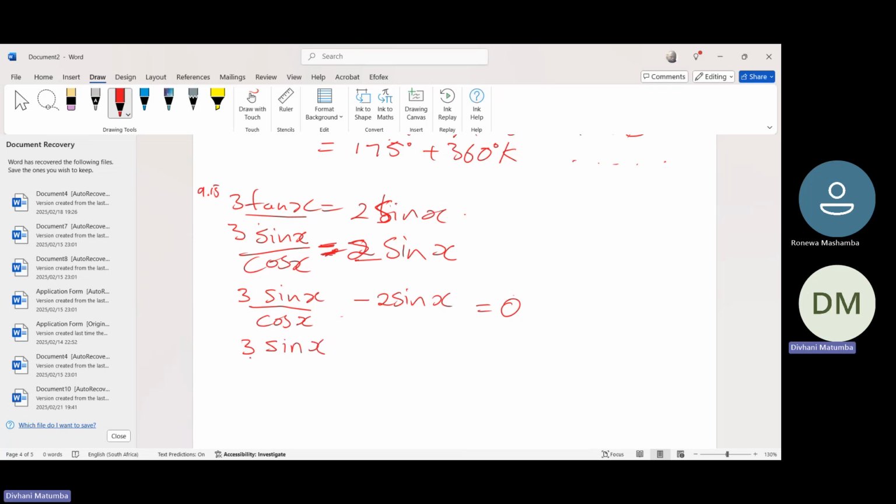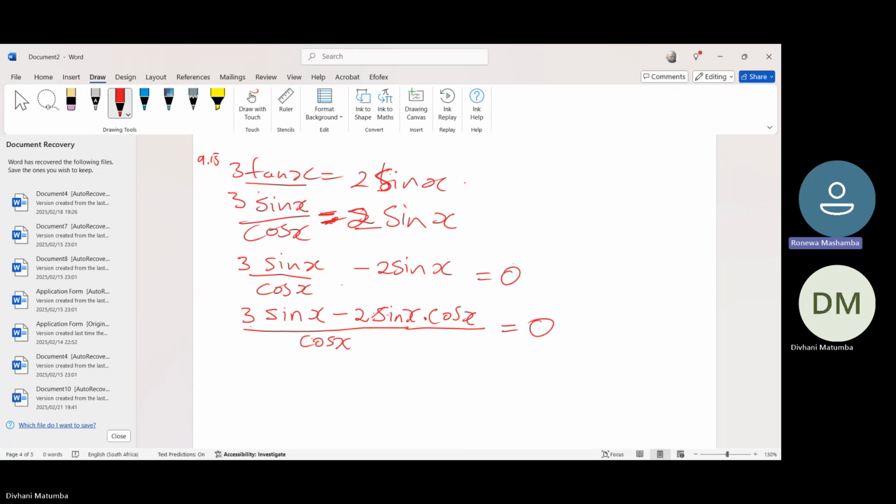Then what will be our LCD? Cos x. Okay, and then this will be minus 2 sine x times cos x. Perfect.